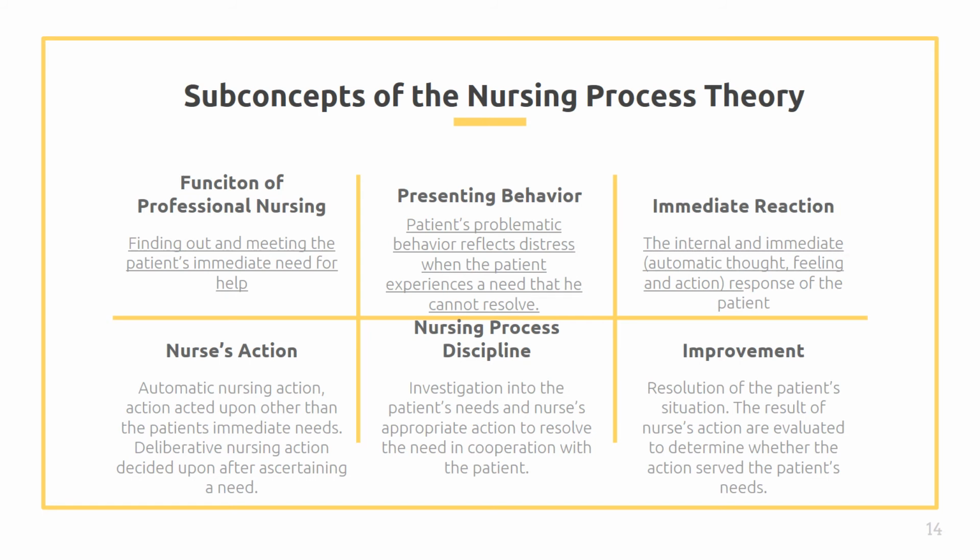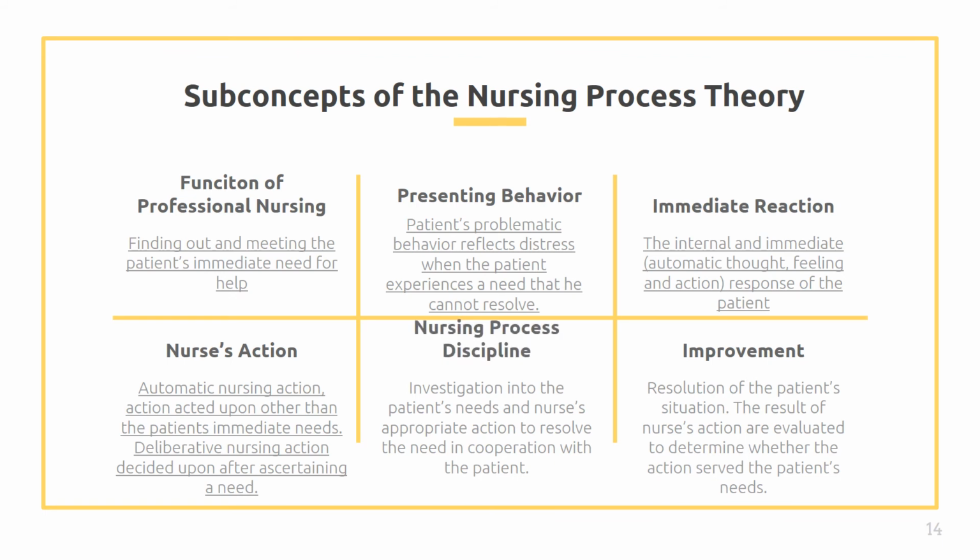It is the internal and immediate automatic thought, feeling, and action response of the patient. Nurse's action. It is the automatic nursing action, the action acted upon other than the patient's immediate needs. Deliberative nursing action is decided upon after ascertaining a need.